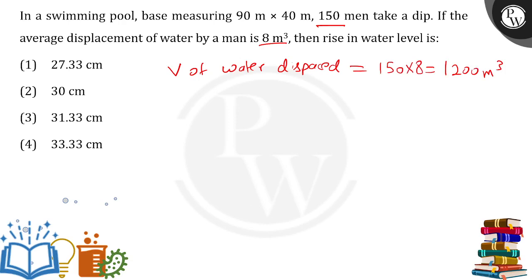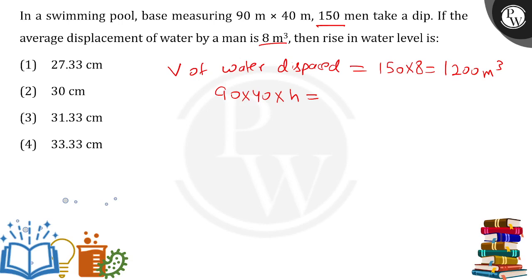So we know the base area is 90 into 40, and this when multiplied with the height of the pool would give the total volume. Or I must say over here that there is an additional volume, so this much height would have been increased. Understanding the point, the base area was there, and whatever height initially was there, this will be increased by a certain height.